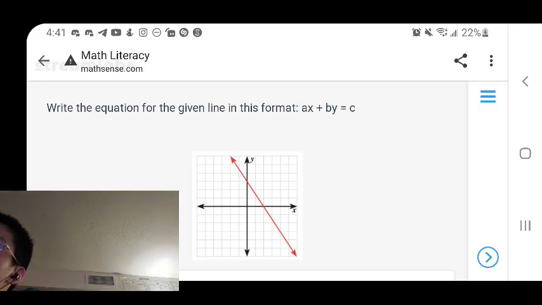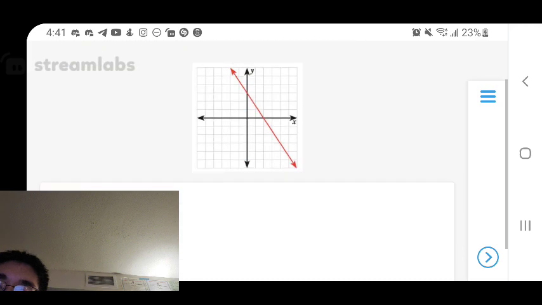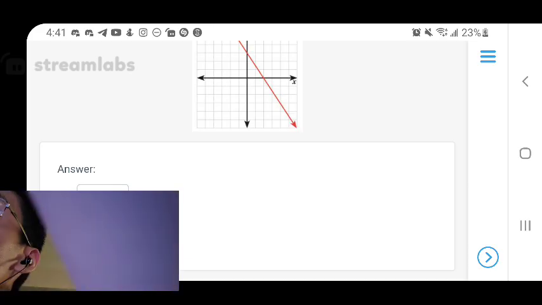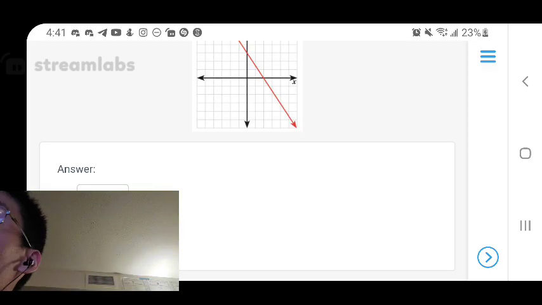Why is it saying it's wrong? At this point I already passed the test, but why is it wrong? If I plug in a different point, it might be wrong. I see another point: x is 4 and y is negative 3.